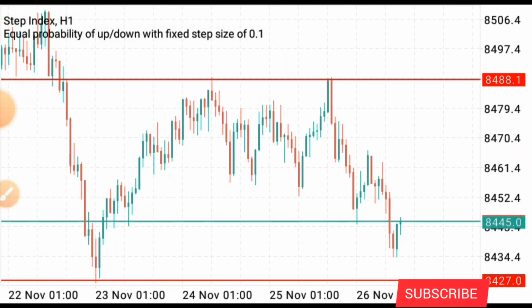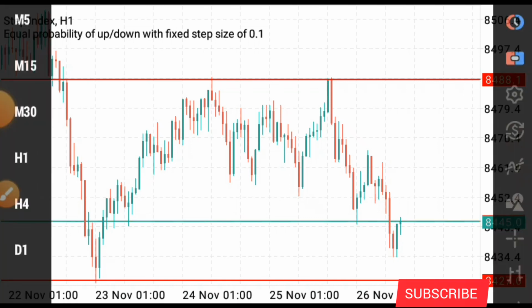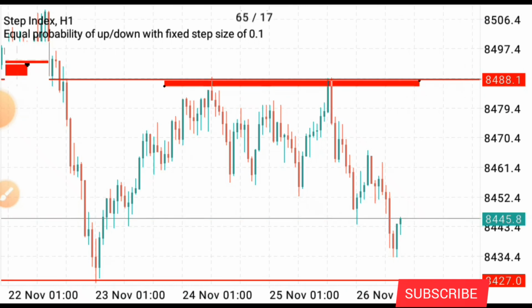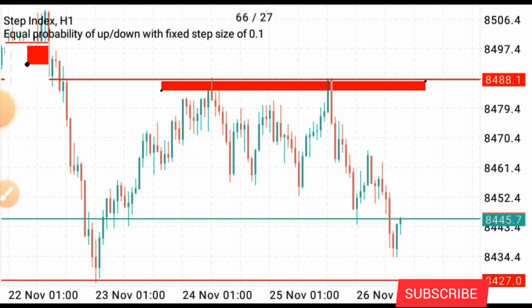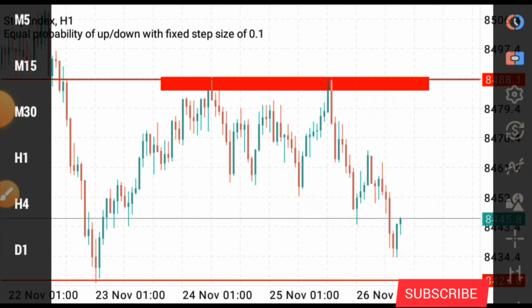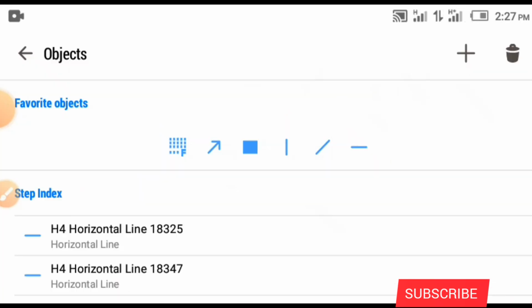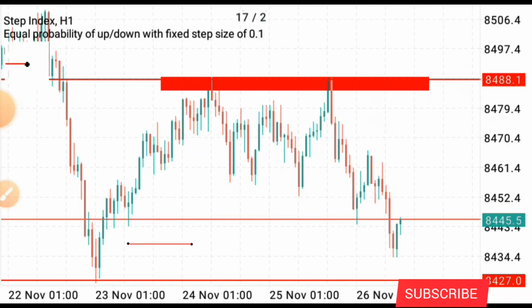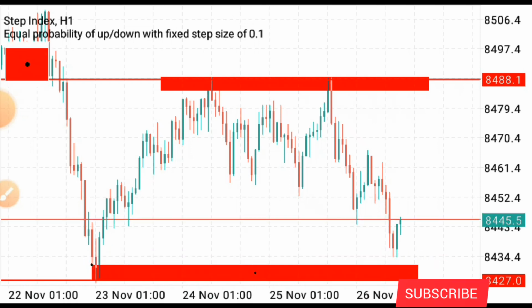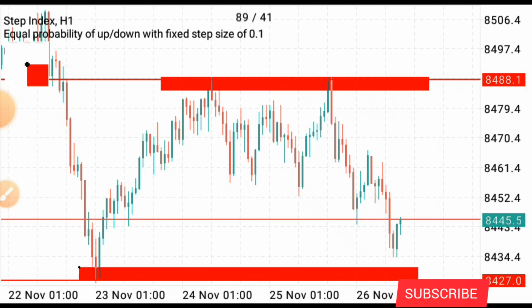So here on the 1 hour time frame, what I do is properly draw my zones. Alright, this is not just a line, this is a zone. You need to make sure you identify it so that you know what you are doing, and you are going to have a better understanding of what the market is trying to do.